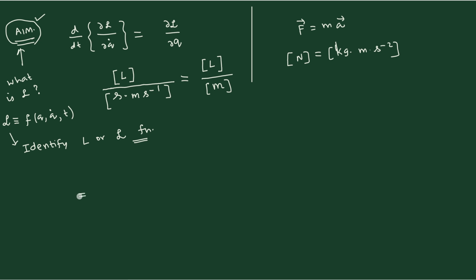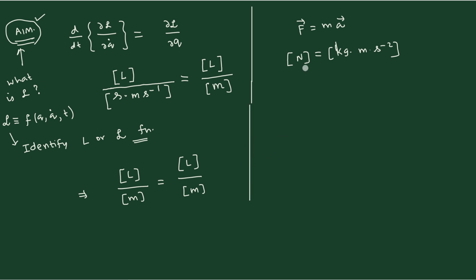So let us simplify. L is there, and this product will give you meter. Second and second inverse cancel. So I'll get a meter equal to L by M. So this looks fine. As you can see, dimensionally, the Lagrange equation is fine.